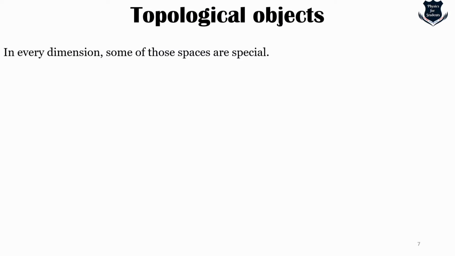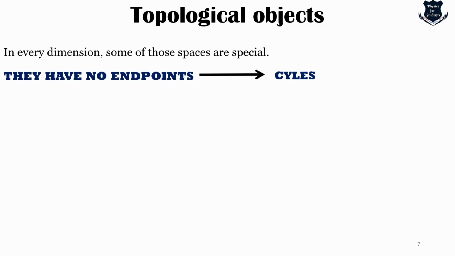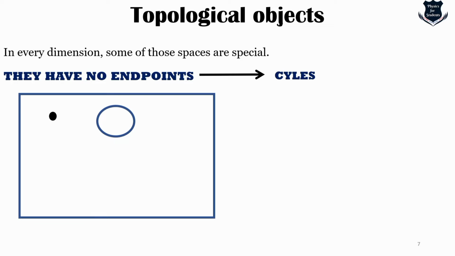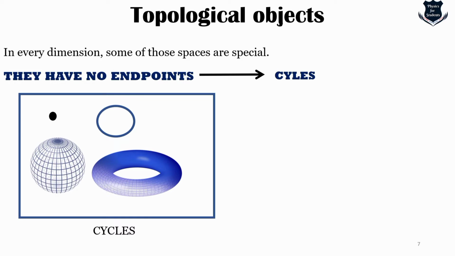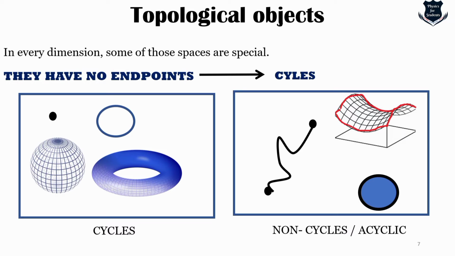Okay. Now, in every dimension, some of those spaces are very special in the sense that they have no end points, the edges, which are known as boundary, such as these. So these edges are sometimes also called cycles. For example, this one and this one have cycles, and these are called non-cycles or acyclic.